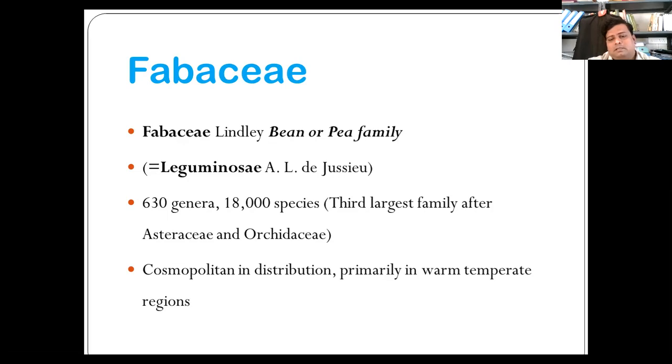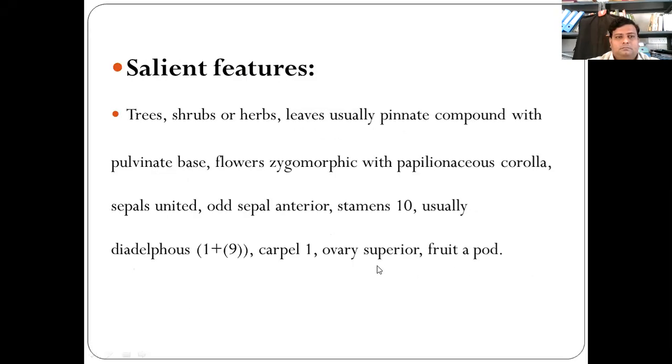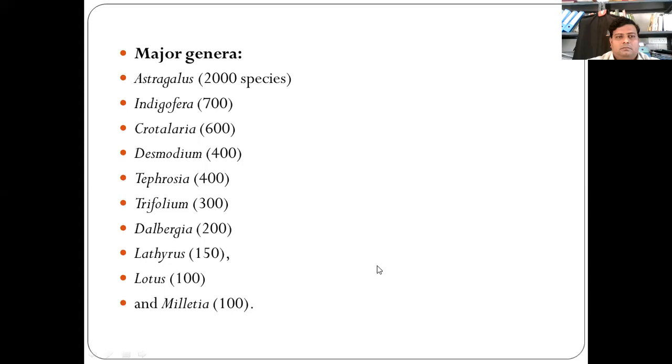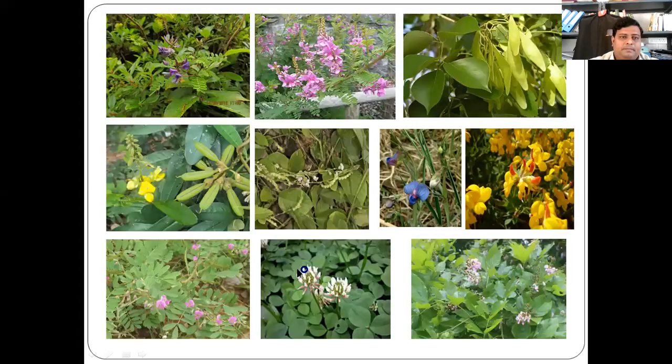These are some of the plants that are economically important in this family. These are the major genera that we discussed: Astragalus, Indigofera, Crotalaria, Tephrosia, Trifolium, Dalbergia, Lathyrus, Lotus, Millettia.